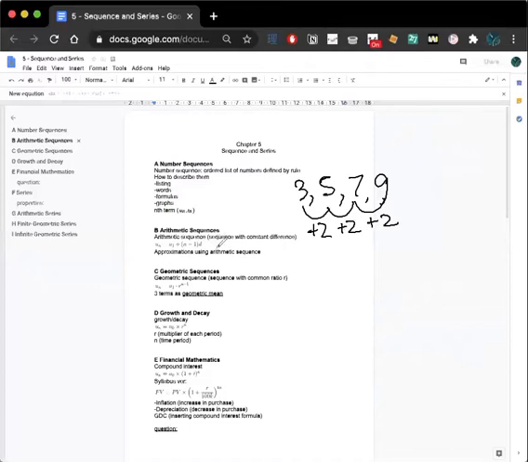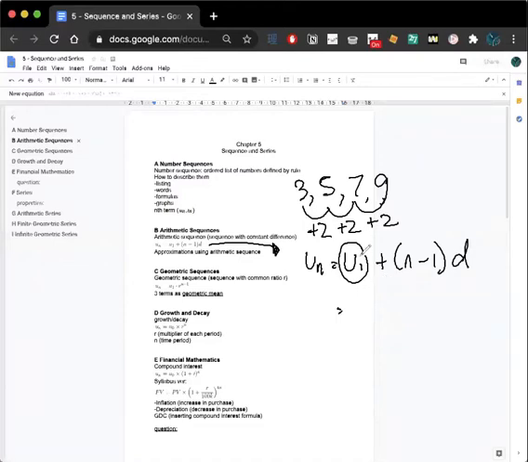And you can usually look for its formula by doing Un equals the first term plus n minus 1 times d.